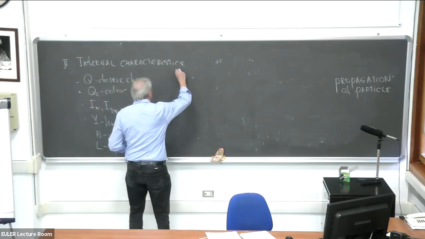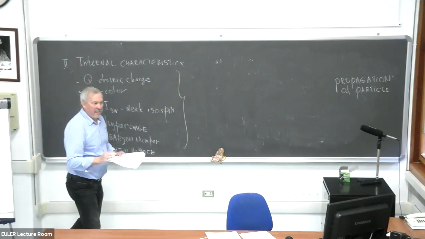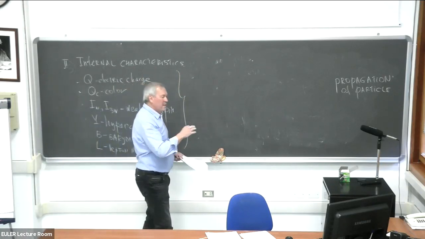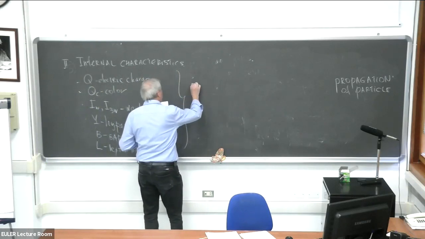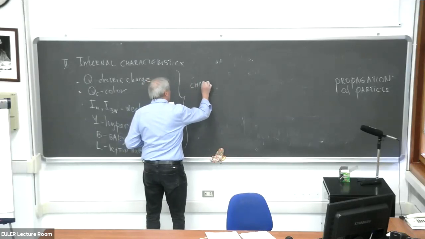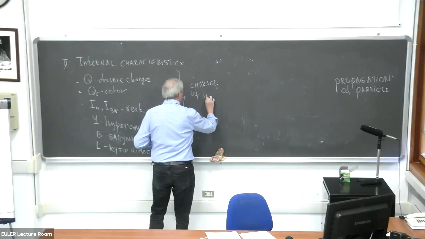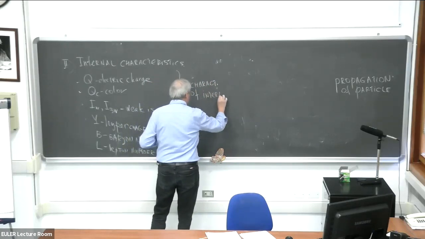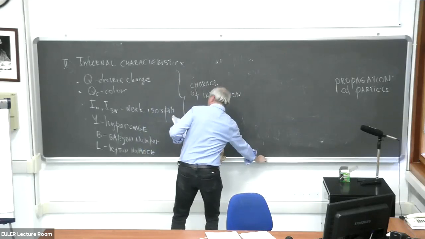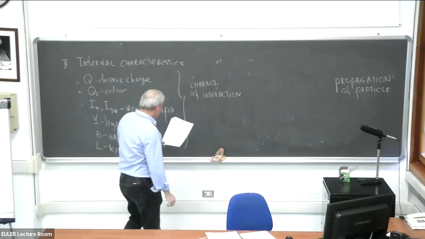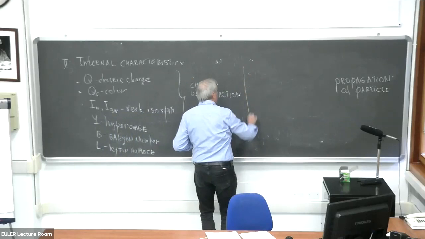And these characteristics are characteristics of interaction. Remember, the first set was characteristics of propagation in the external space, and these are characteristics of interaction. These characteristics give us classification of particles.